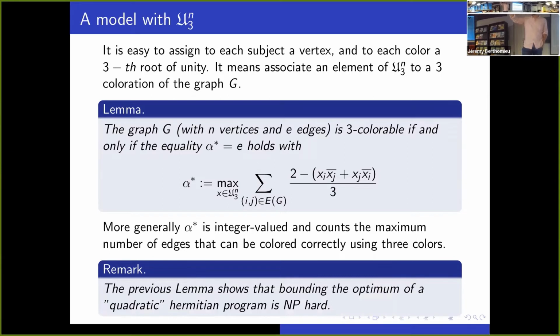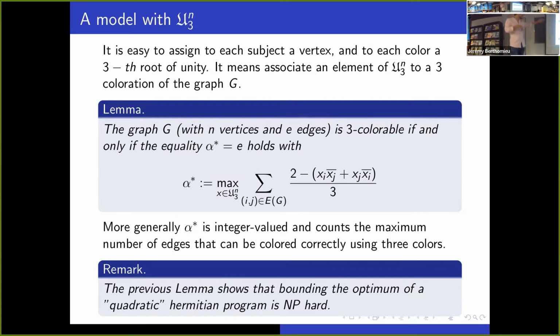And the graph is tricolorable if and only if alpha star is equal to E, where E is the edges and N is the vertices, and alpha star is equal to the maximum over all X in U3 to the n. More generally, alpha star is integer valued and counts the maximum number of edges that can be colored correctly using 3 colors.